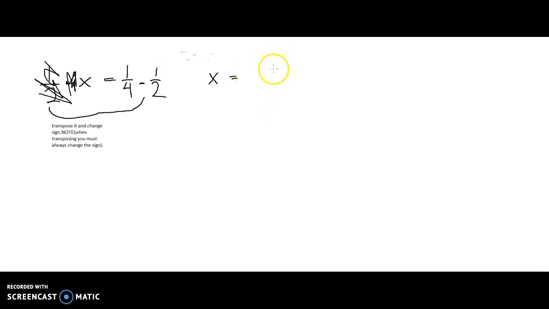So you can do this: x equals, and then the denominator is actually 4. So 4 divided by 4 is 1. So it's 1. Wait, what? It's minus 4 divided by 2, which is actually 2.